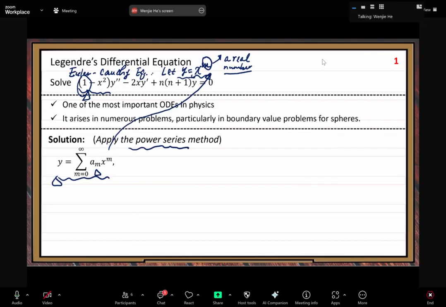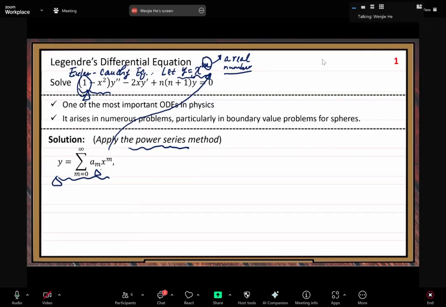The first difference is infinitely many unknown parameters we can use. Another difference: this m here is a real number, not necessarily an integer, most of the time a non-integer real number.